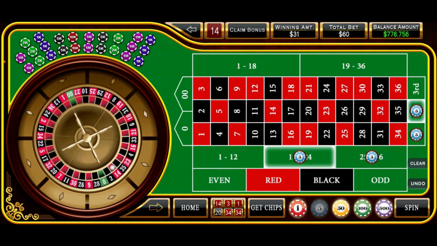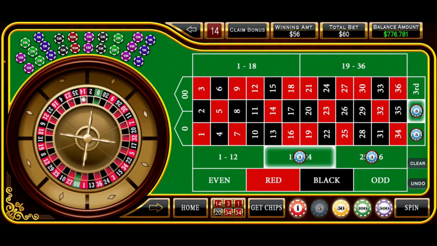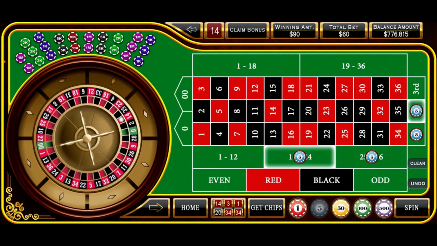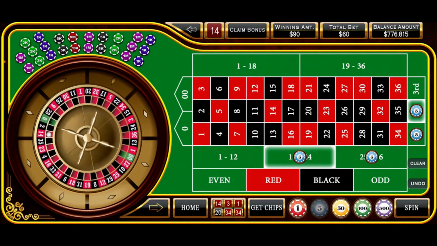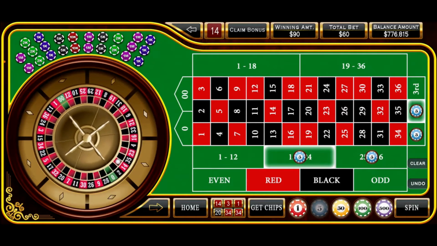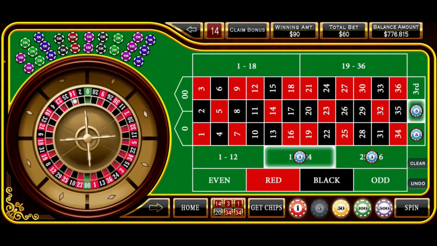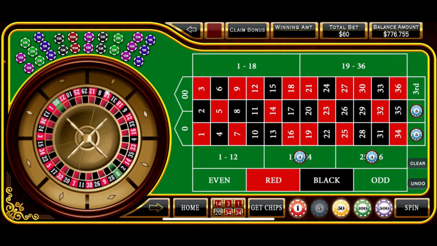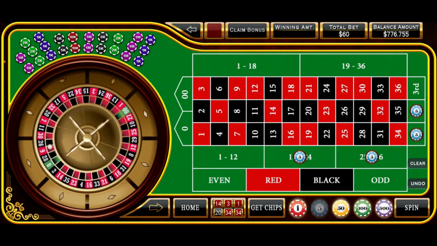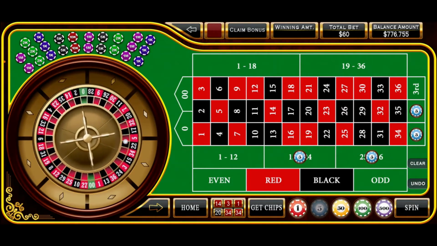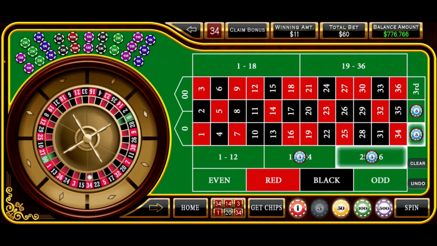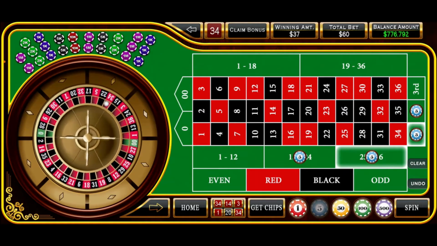Our session high is 776,830. And we're still a little light there, so we'll stay at level 3 and spin it again. See if we can get a winner here. So there's 34 red, so that is a winner. And that should get us to our session high once again.